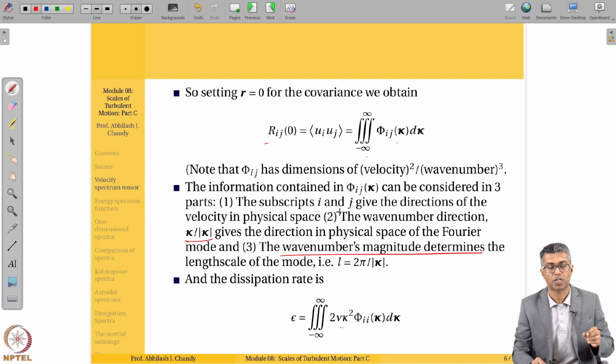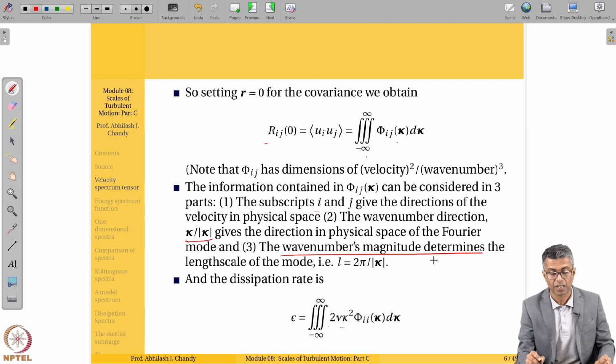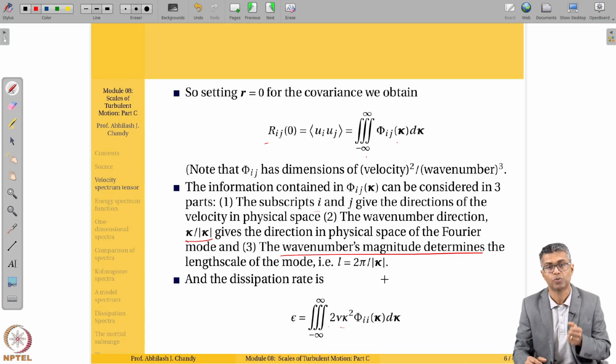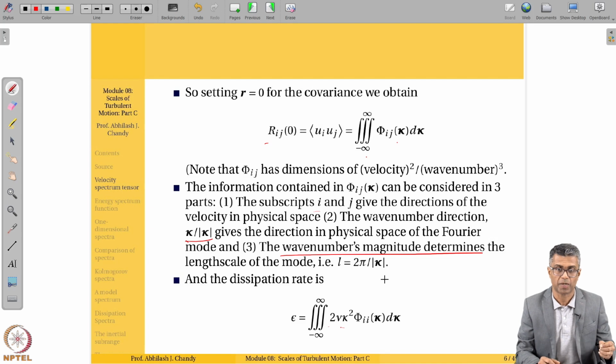The wave number direction, kappa over kappa magnitude, gives the direction in the physical space of the Fourier mode. And the wave number's magnitude determines the length scale. So 2 pi over kappa magnitude basically gives information about the length scale. That is the amount of information contained in the velocity spectrum tensor.